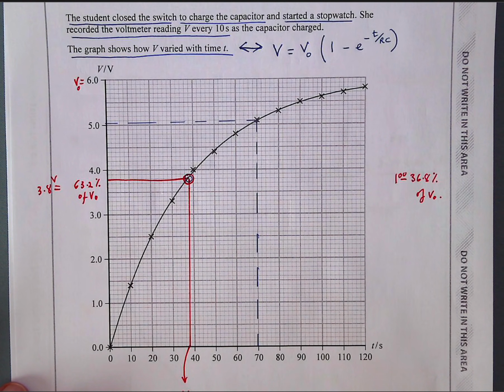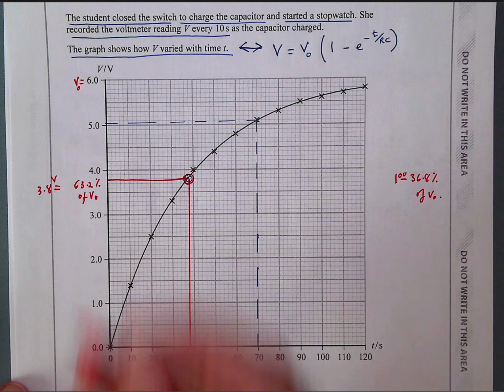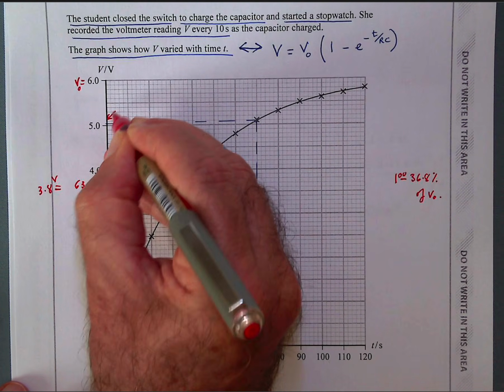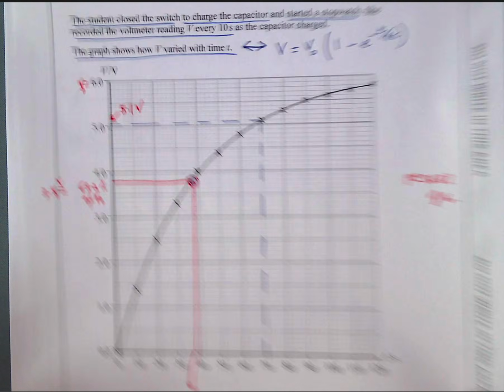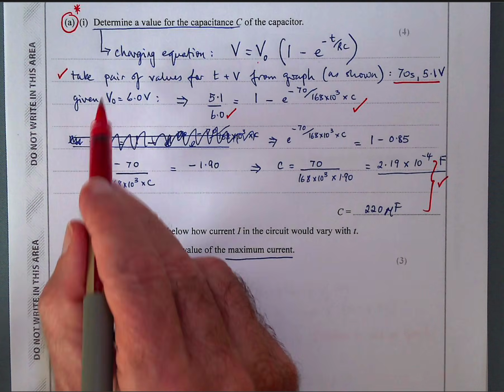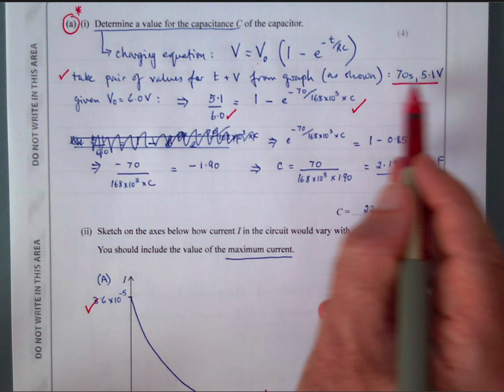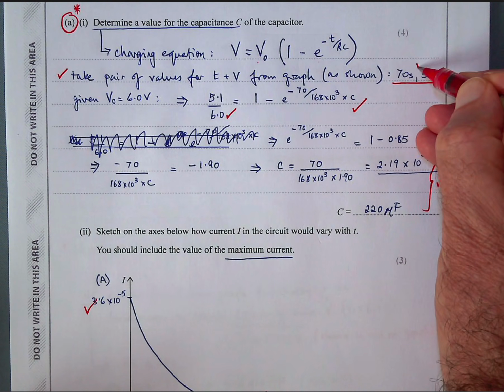I'm just checking that that's what they've used. Yes, they use 5.1 volts. So you need to take a pair of corresponding values from the graph. So I've done 70 seconds, 5.1 volts. You get a mark for doing that.